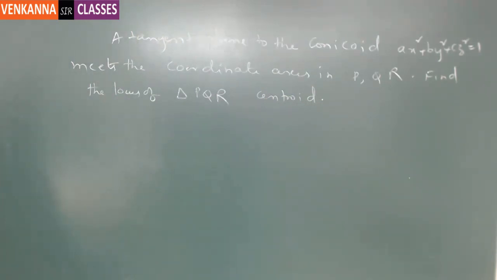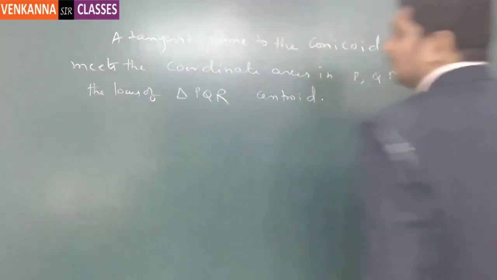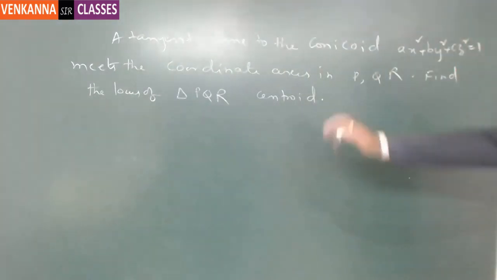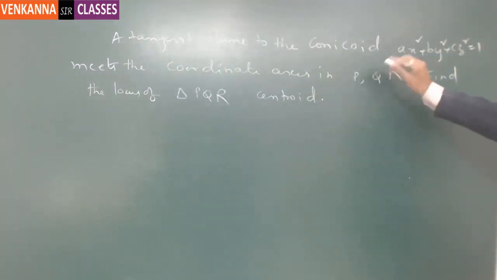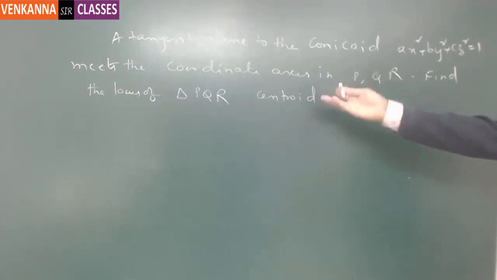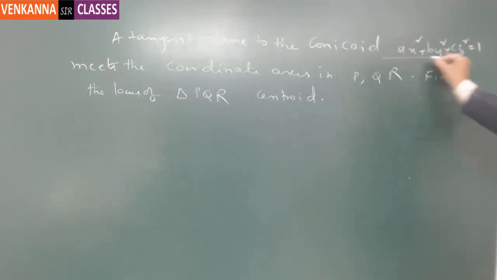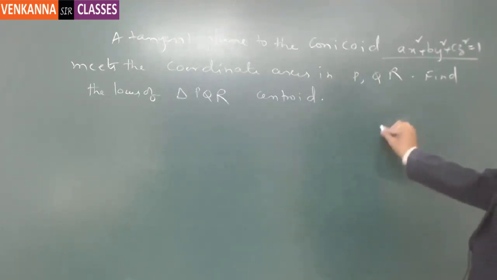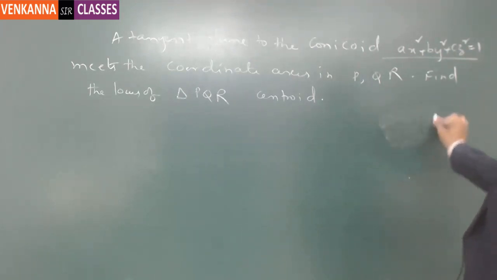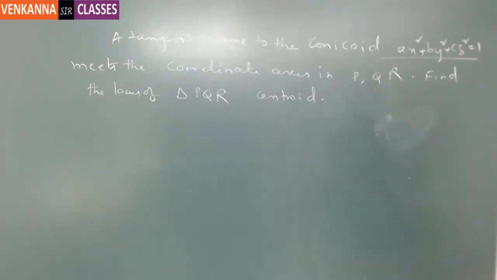So take a note of this problem. Then we discuss the approach. It is a very similar problem. Apart from taking the ellipsoid, I have taken the conicoid. So say this is a surface, the conicoid.